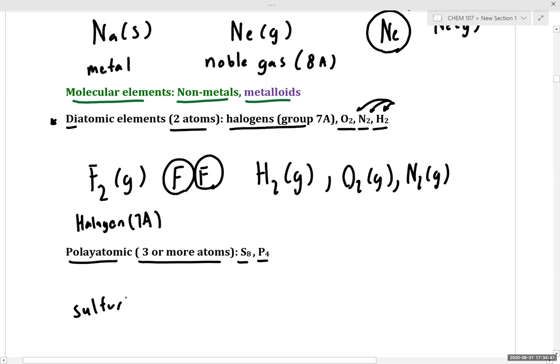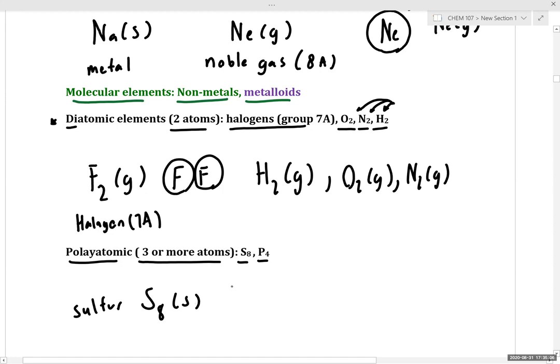Yeah, so the majority of nonmetals are molecular elements. Yes, that is correct. Sulfur, for example, is a polyatomic molecular element that has a formula of S8 solid.